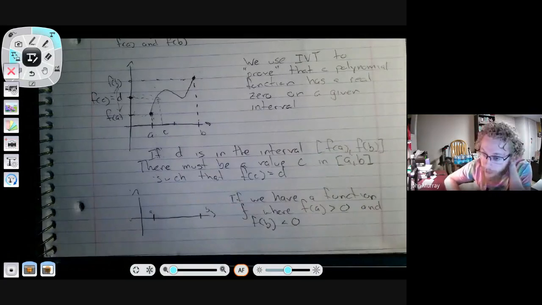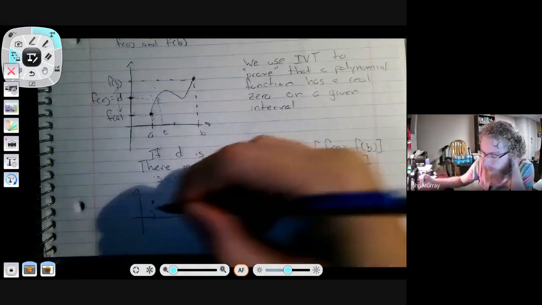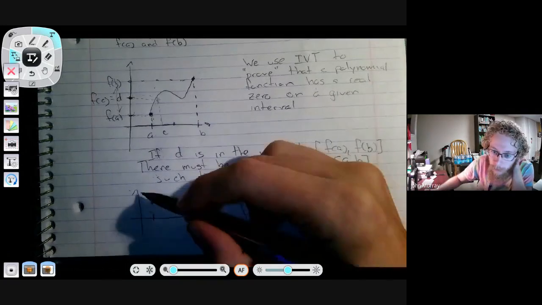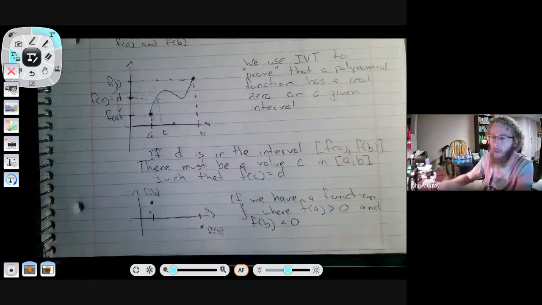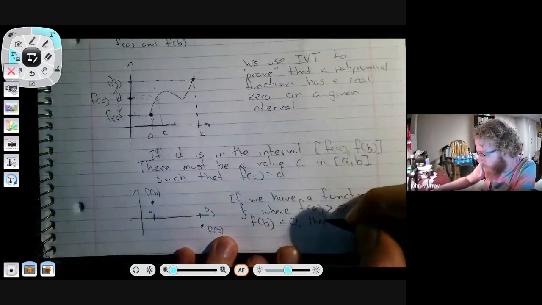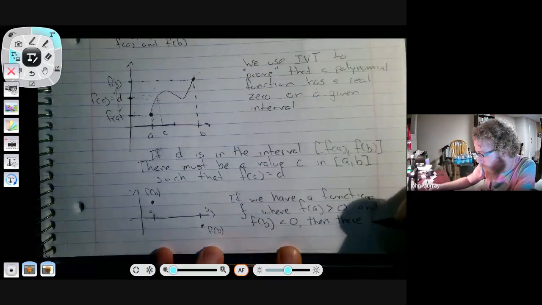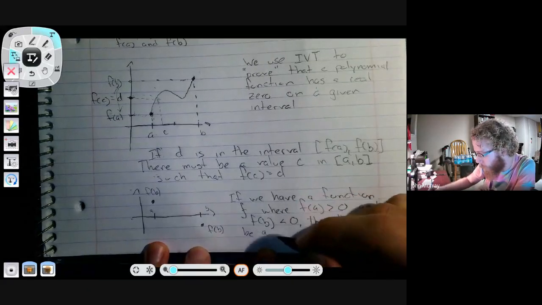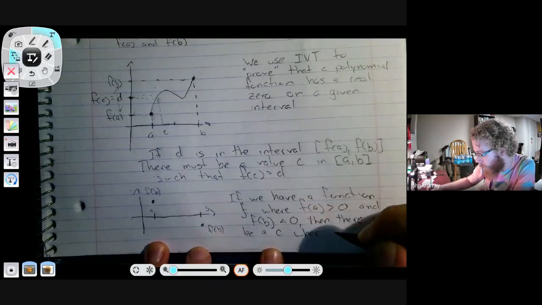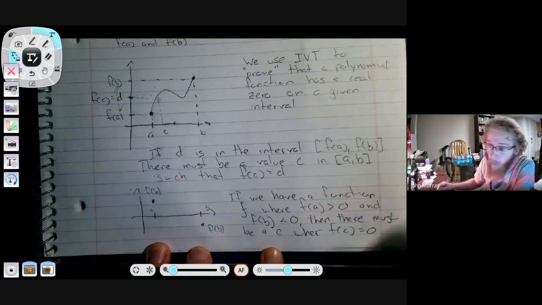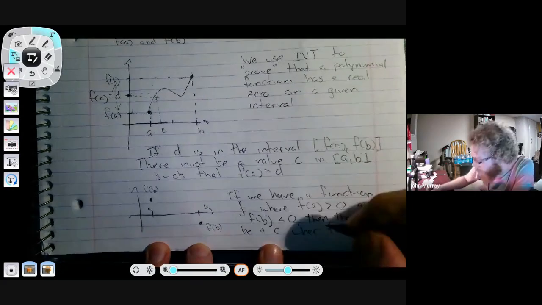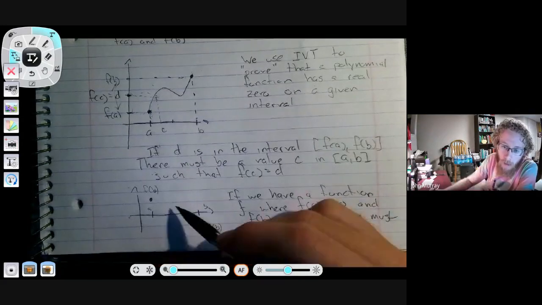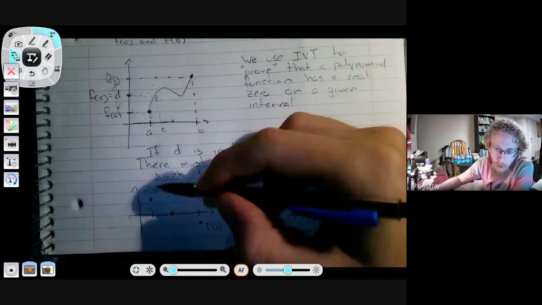So if we have a function f where f of a is positive and f of b is negative, then there must be a value c where it is a solution, right?